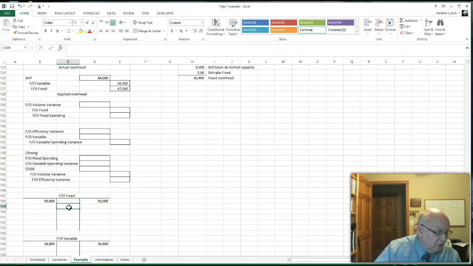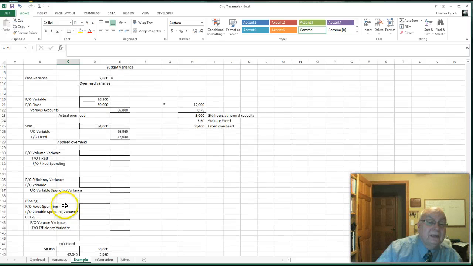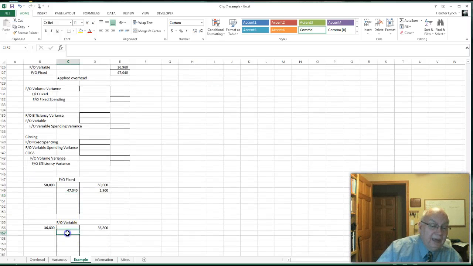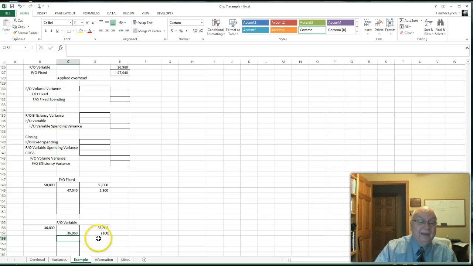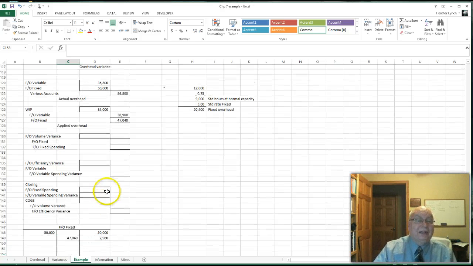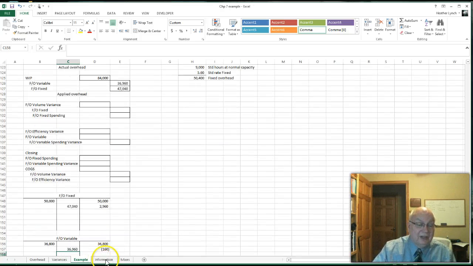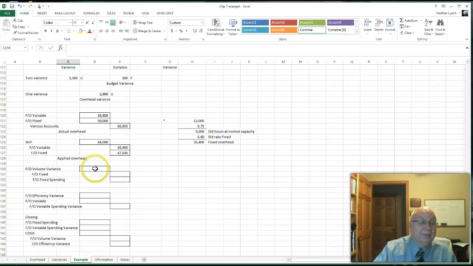For the fixed overhead, we put in 47,040. I think that's what it was. Yep, 47,040. And for the fixed, I put in 36,960. Okay, I have these already over here so that it calculates it for it. Okay, this is my balance column. Debit, credit, balance. Okay, I use a double T account.